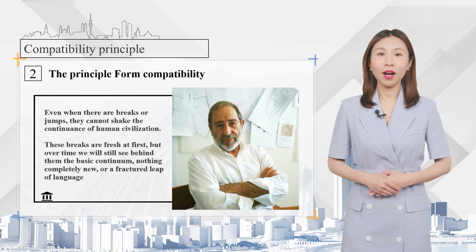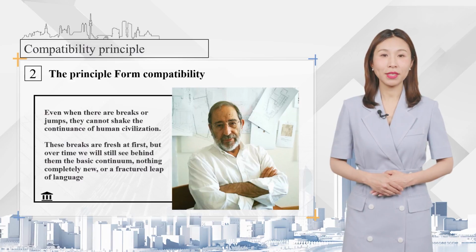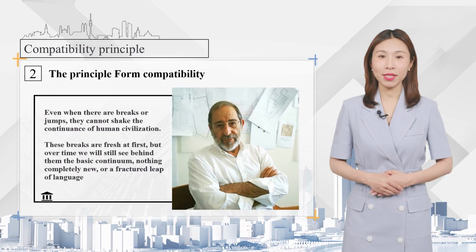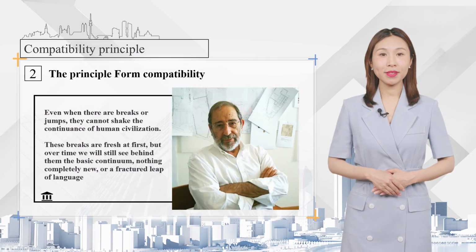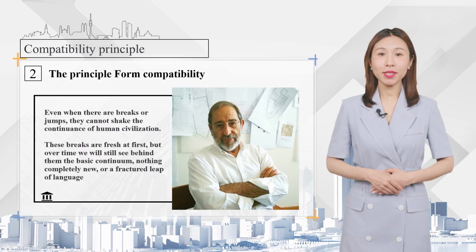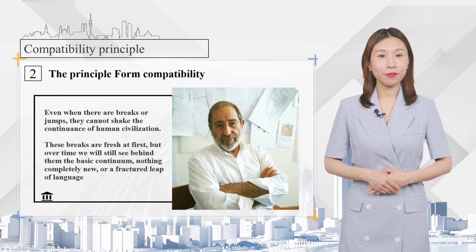Even when there are breaks or jumps, they cannot shake the continuance of human civilization. These breaks are fresh at first, but over time we will still see behind them the basic continuum. Nothing is completely new or a fractured leap of language.